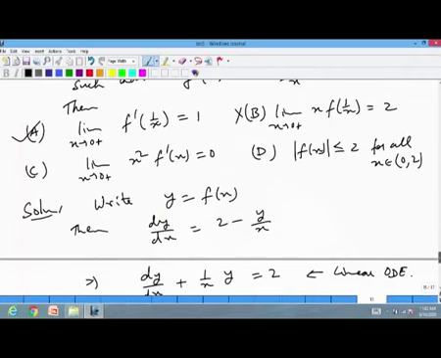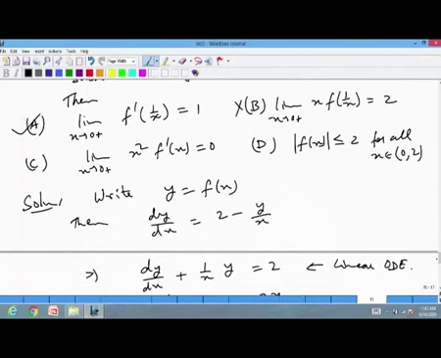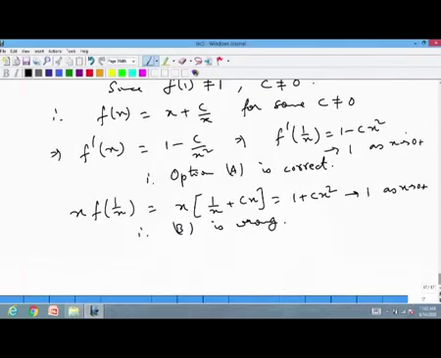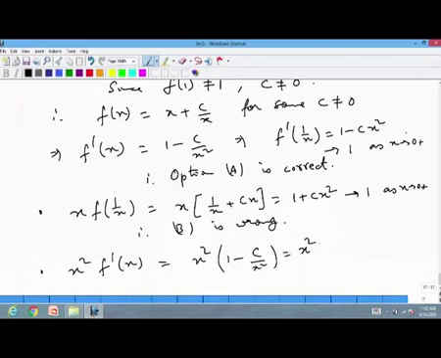Option C is asking for x square times f prime x, limit as x approaches 0 plus. So, we have already calculated f prime x. So, x square times f prime x is x square times 1 minus c by x square, which is equal to x square minus c.